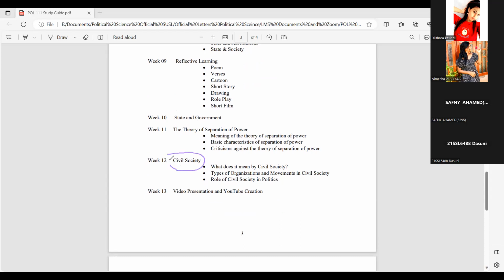A new concept, civil society. What does it mean by civil society? Right? So always, when we see the news, when we watch the TV, and when we read the newspaper, when we surf the internet, or sometimes when we go to Facebook or maybe Twitter, we come to know about this concept, civil society. Most of the time, we hear this term, civil society, right?